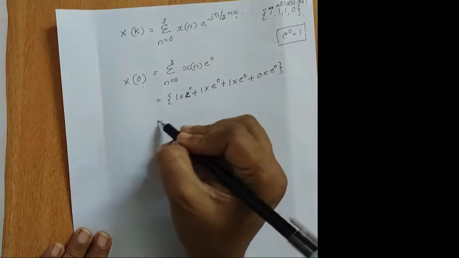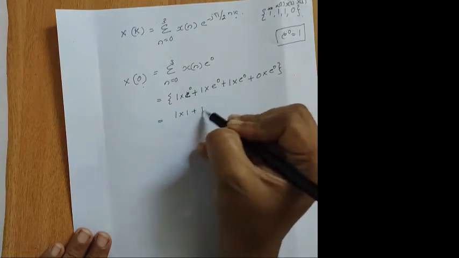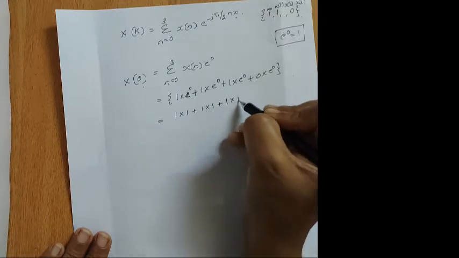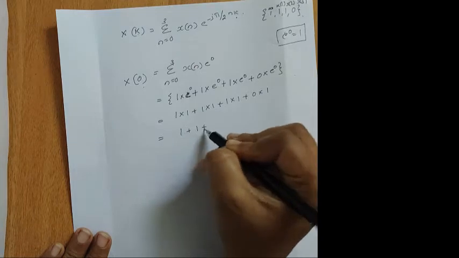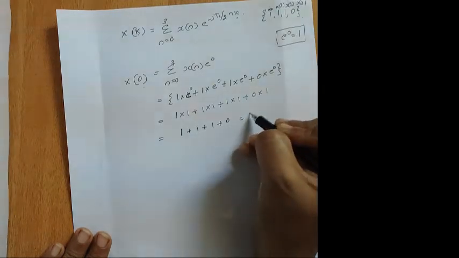So that is equal to 1 into 1 plus 1 into 1 plus 1 into 1 plus 0 into 1. That is equal to 1 plus 1 plus 1 plus 0, which is equal to 3.